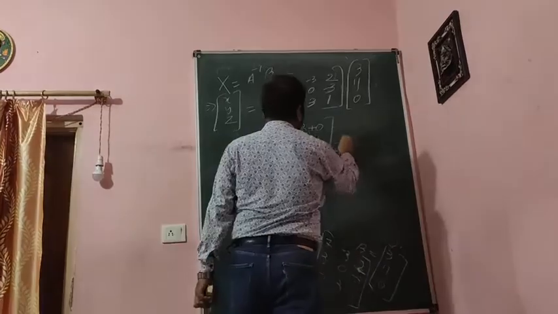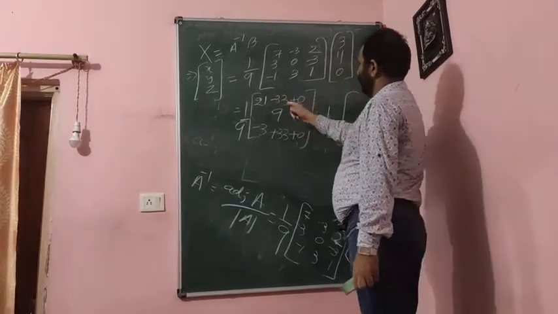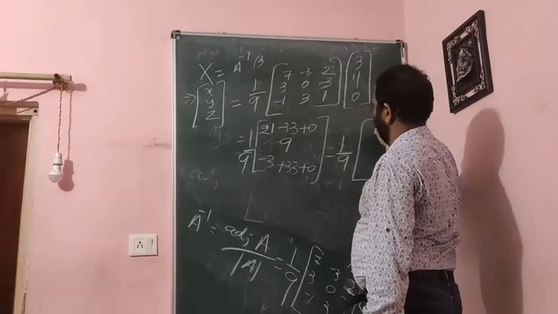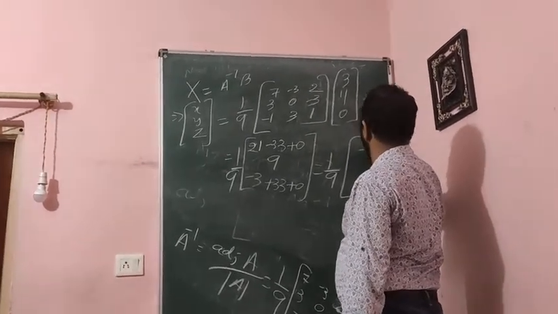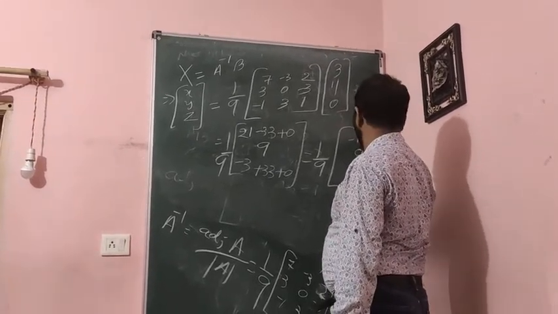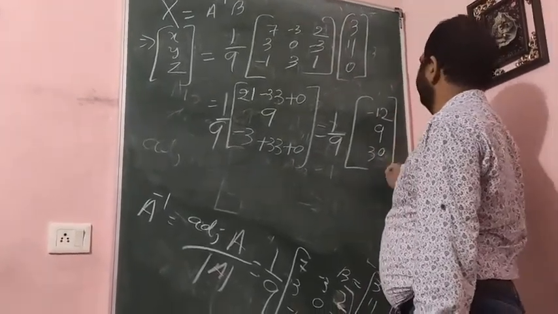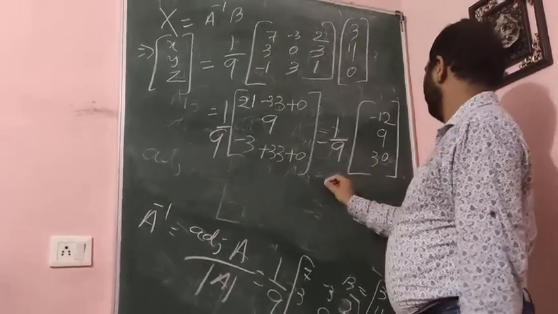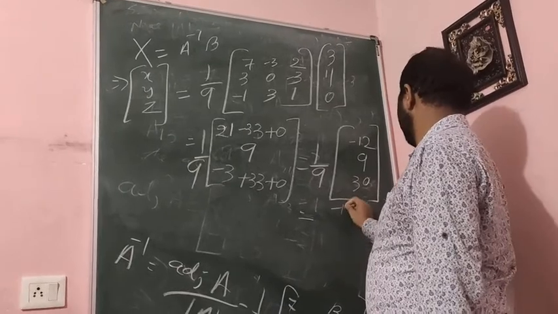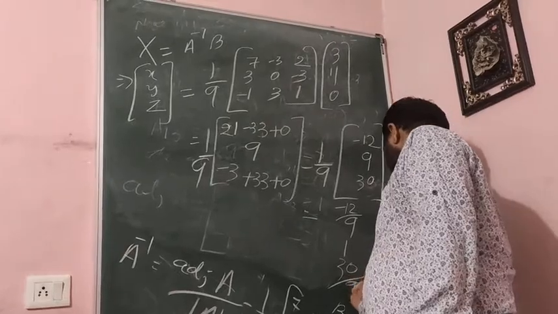So finally you will get 1 by 9 times: 21 minus 33, it is minus 12; here 9; here 30. Now you divide, you will get the result. So it is minus 12 by 9, here 1, here 30 by 9.